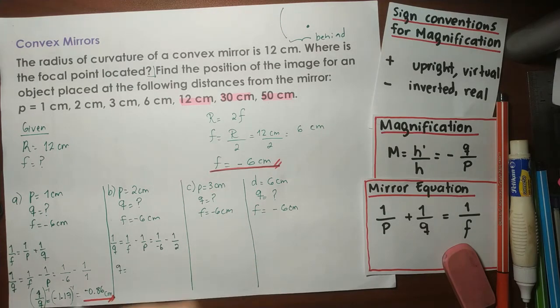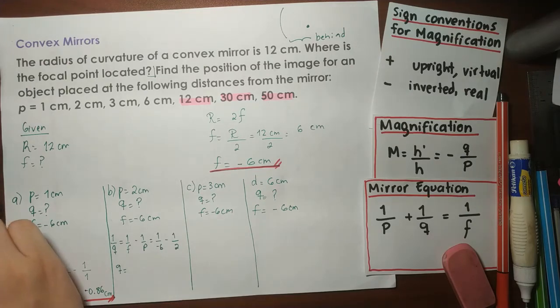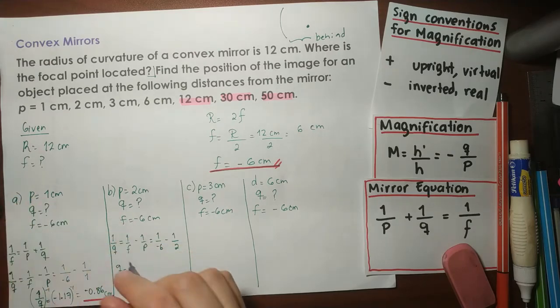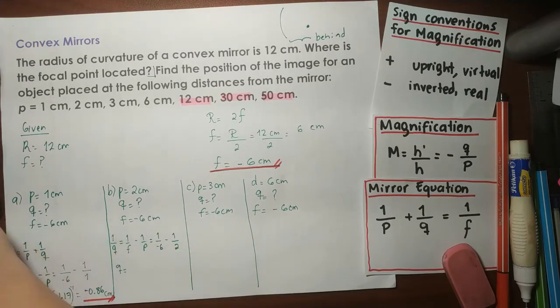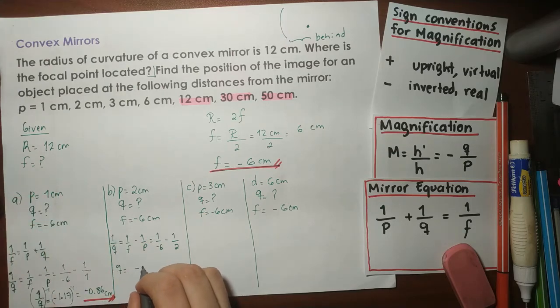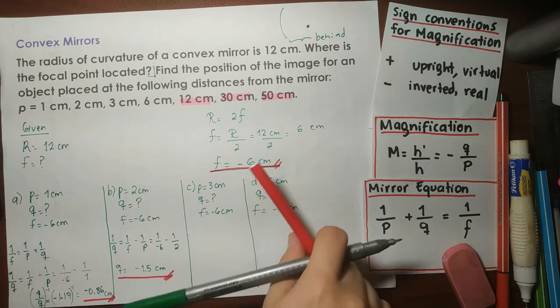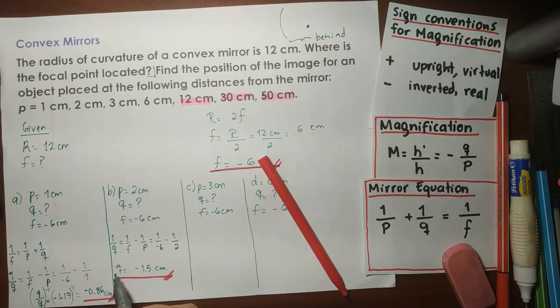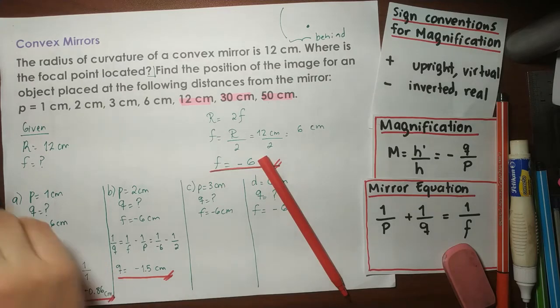So 1 over Q is equal to negative 1/6 minus 1/2, and taking the reciprocal, Q is negative 1.5 centimeters. Now remember that I'm getting the reciprocal, because here you have just 1 over Q and you want Q, so you have to get the reciprocal.